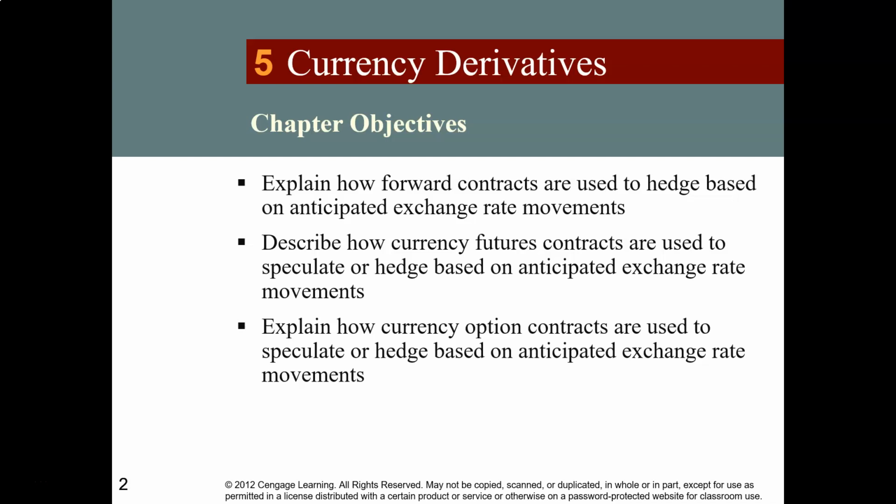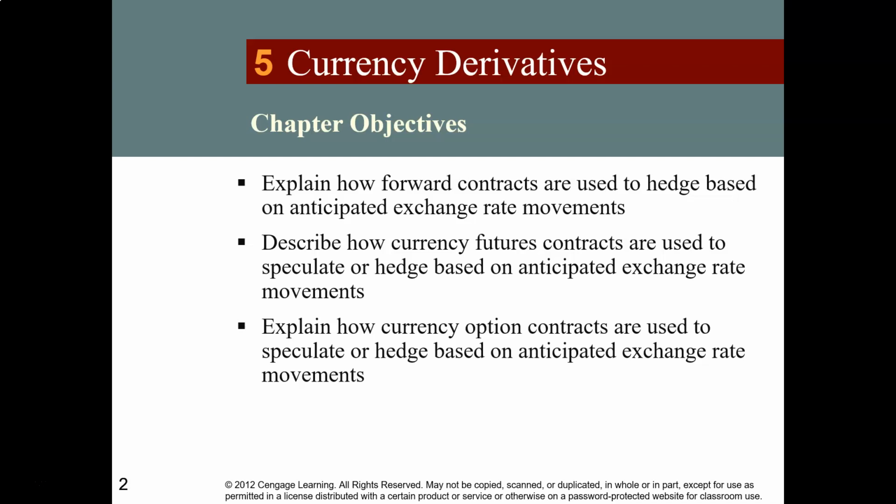In this chapter, we're going to explain how forward contracts are used to hedge based on anticipated exchange rate movements. We're also going to describe how currency futures contracts are used to speculate or hedge based on anticipated exchange rate movements.